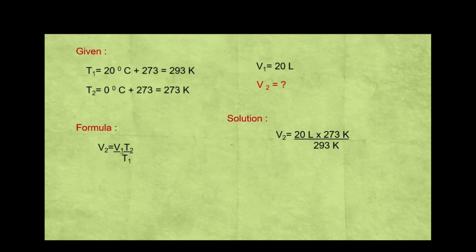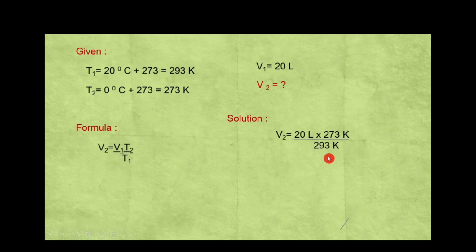For volume, we have 20 liters. And then we will use the Kelvin scale. So we have 273 as the final temperature, and the initial temperature is 293 Kelvin.